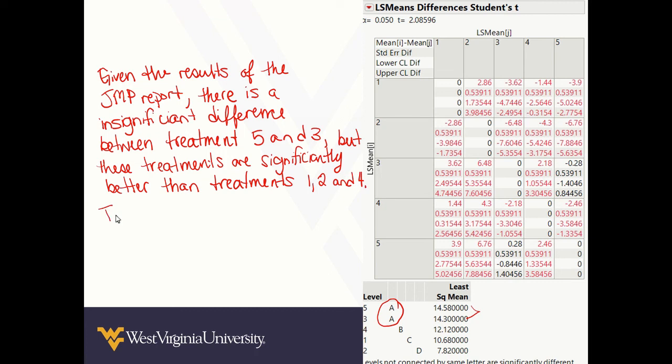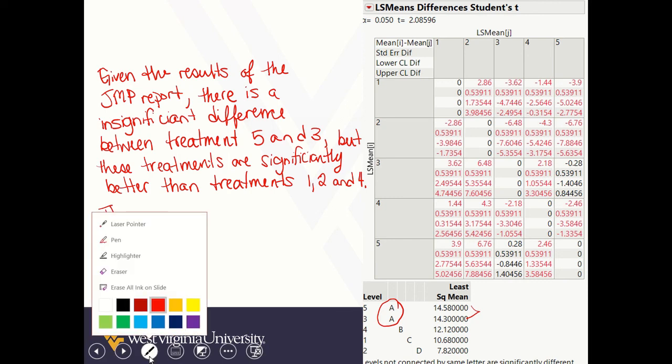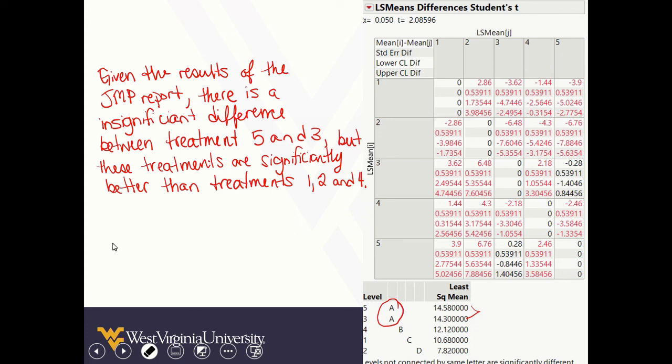And if we were curious, so I would say, therefore, if we were a shareholder in the company, I would want to be using the gasoline that was for 5 and 3.